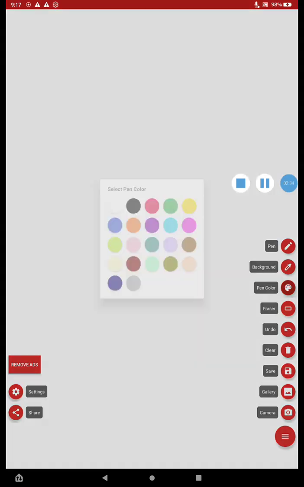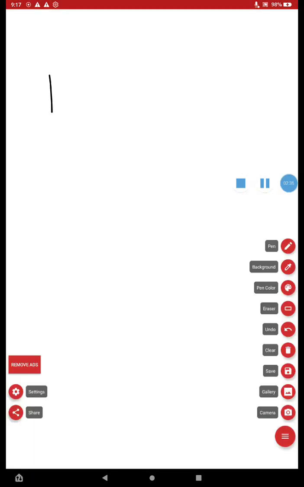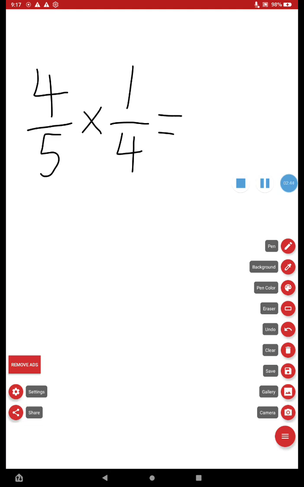All right, let's take a look at another way to do this problem. Same problem as before. We're going to say 4 fifths times 1 over 4. Okay? The first method was called simplify my answer. This method is going to be called simplify before you multiply.